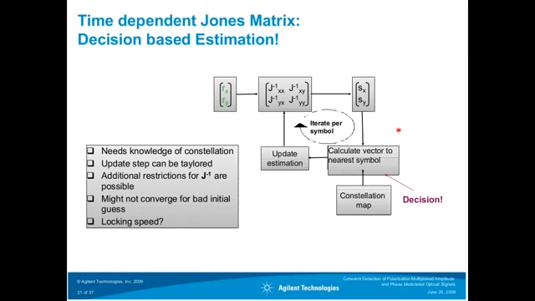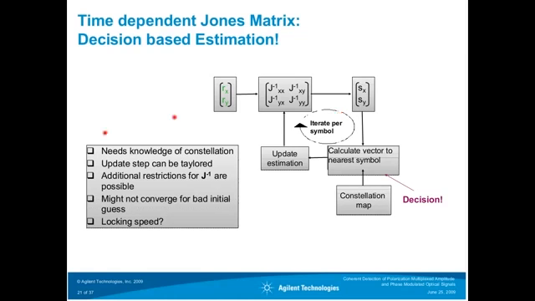You have to define which is the nearest symbol, then you can calculate the vector to the nearest point in the constellation map. And you can use this vector to update the estimate of your inverse Jones matrix, your inverse channel matrix. You can do this iteratively, so you can improve your channel estimation from one symbol to the next symbol.